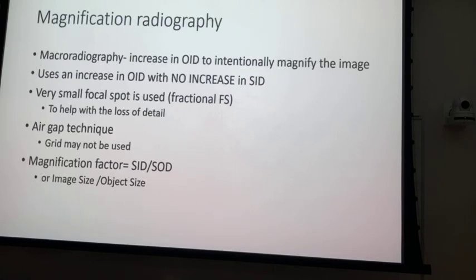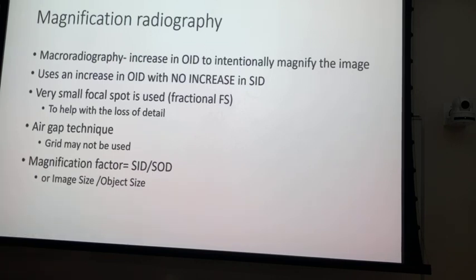Macro radiography we talked about, that is an intentional increase in OID with no increase in SID, right? The only thing that we can do to reintroduce that sharpness is just use a fractional focal spot. Air gap technique is really kind of not the same thing.